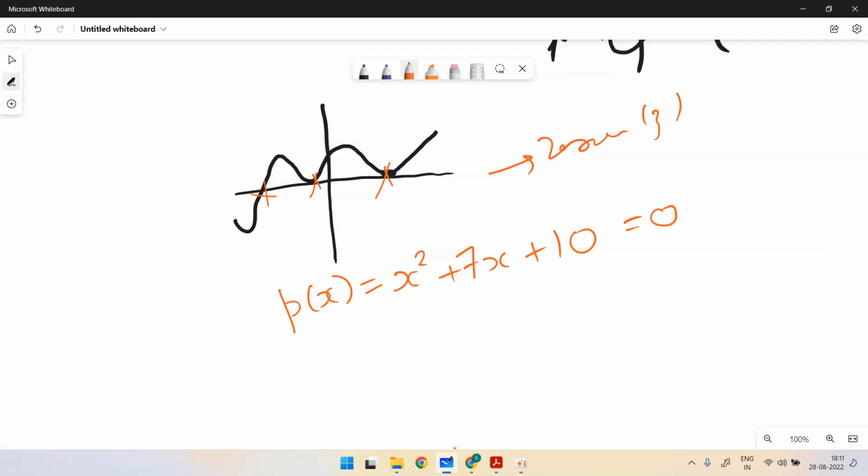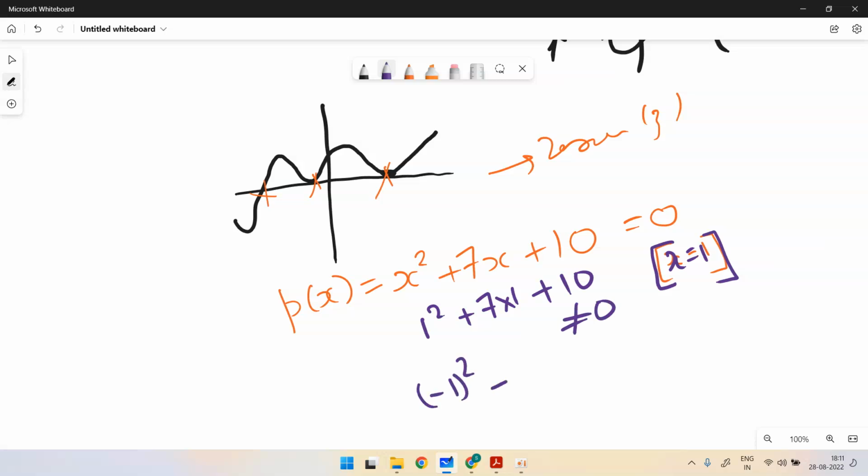If you put x equal to 1, this is not to be shown in the exam, just for information, it is 1 square plus 7 into 1 plus 10, which is not 0. Now if you put x equal to minus 1, this will be positive, this will be negative, this will be positive, but still not 0.